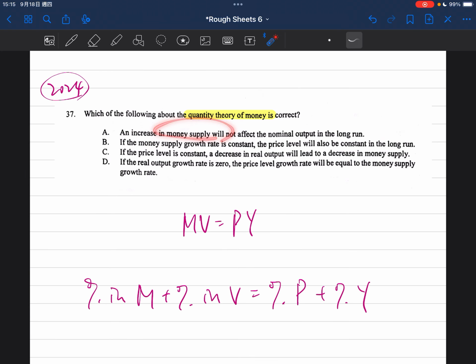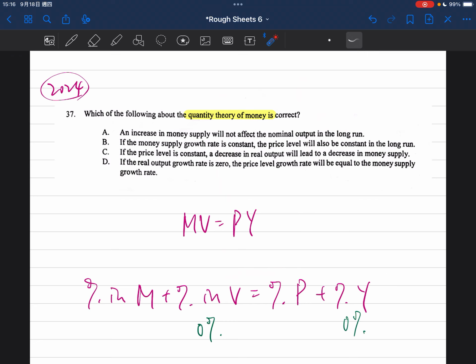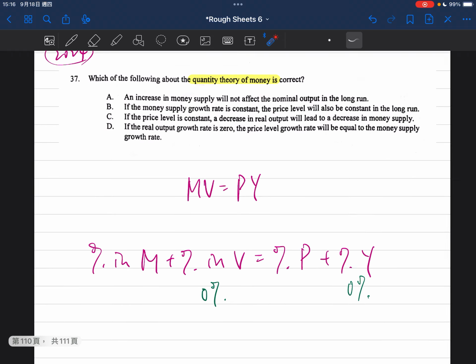Option A: an increase in money supply, which means a positive number here, will not affect the nominal output in the long run. We assume 0% percentage change in V here, and in the long run, we assume the change in real GDP is also 0%, which means real GDP remains constant, because in the long run, the output will be determined by the long run aggregate supply, which is usually fixed.